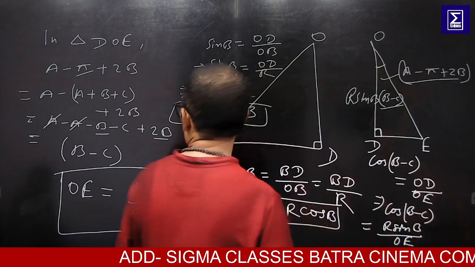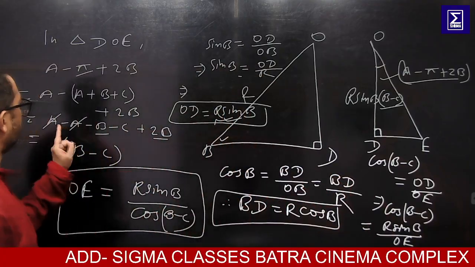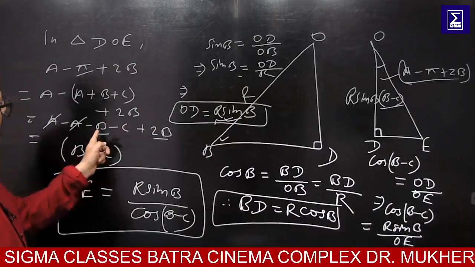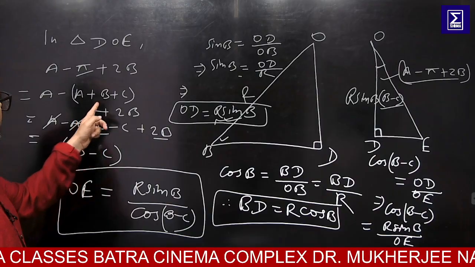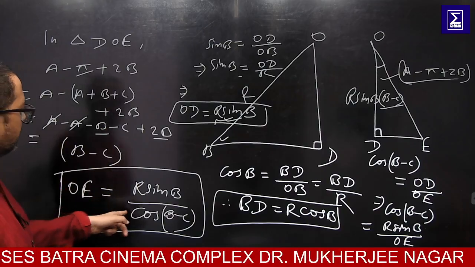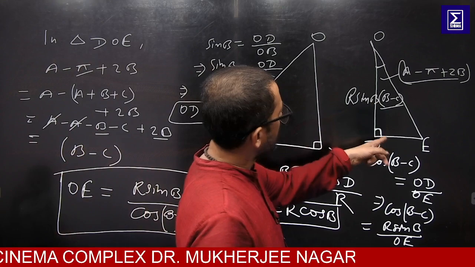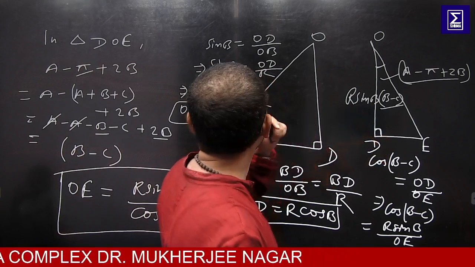Okay. So sin(B minus C), if you are taking here, A and A get cancelled. This is B and minus C. So B minus C, that's correct. Cos(B minus C) is R sin B.